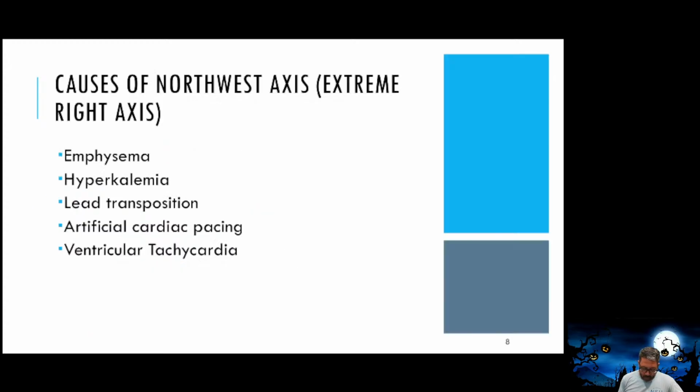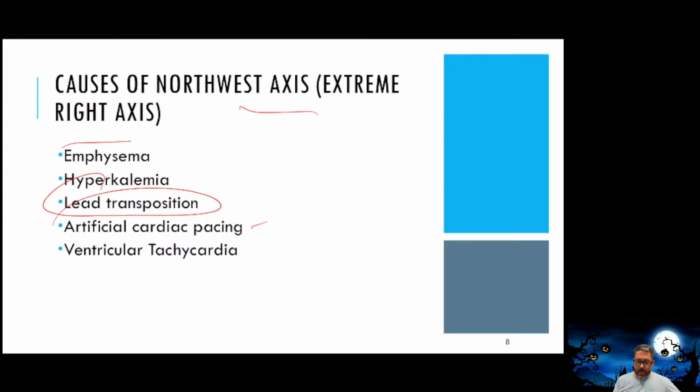Again, normal in them. This is your northwest axis, extreme right axis deviation. Lead transposition, that's when you mix up the right arm and left arm. You flip them. VTAC can do it. Atrial pacing. Anyone who has a paced rhythm, it's very hard to figure out axis because they're being stimulated in an artificial way.